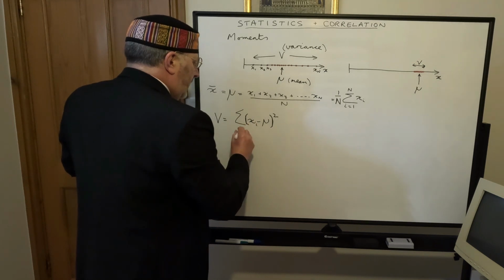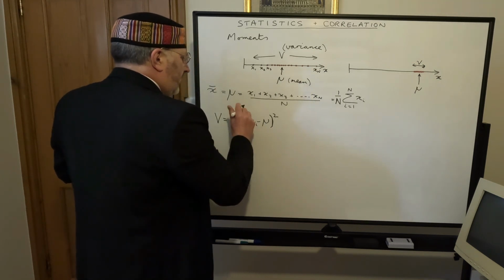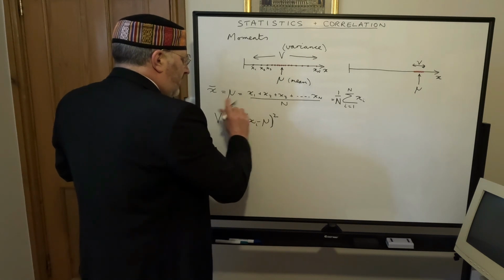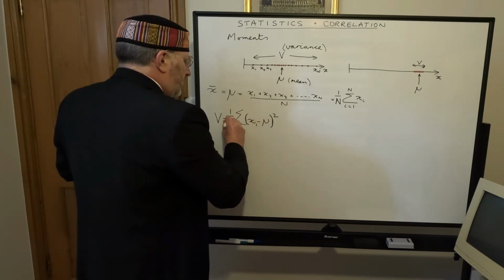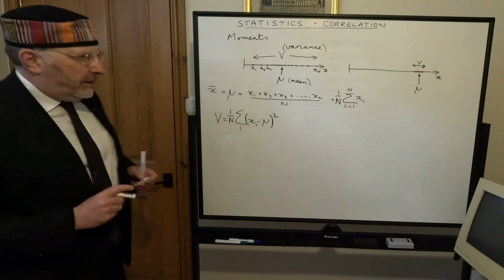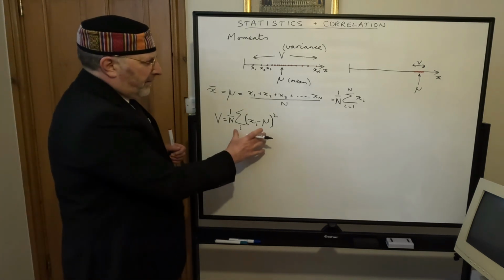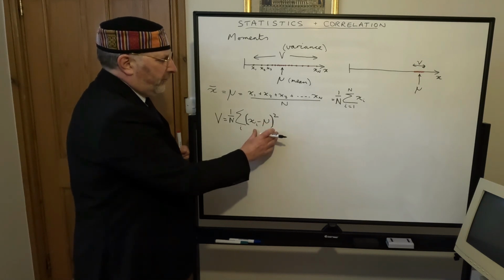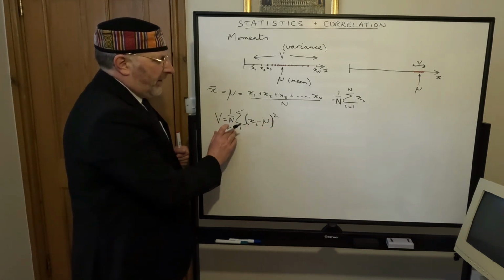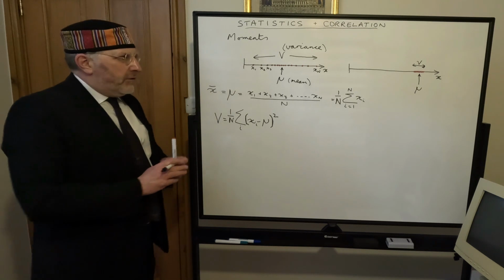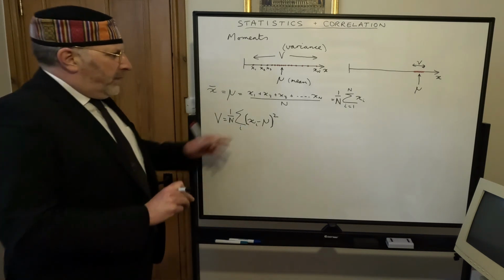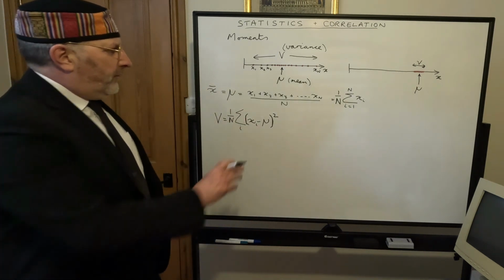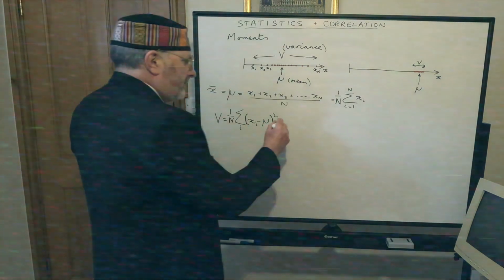We've got xi, each value x, from 1 to n, and then we divide by the total number n. So that is the basic formula for our variance. We're adding up the squares of the differences from the mean and then dividing by n to find the average squared value. But we can simplify this if we expand that bracket.